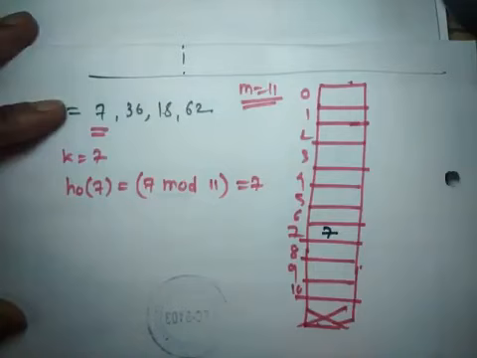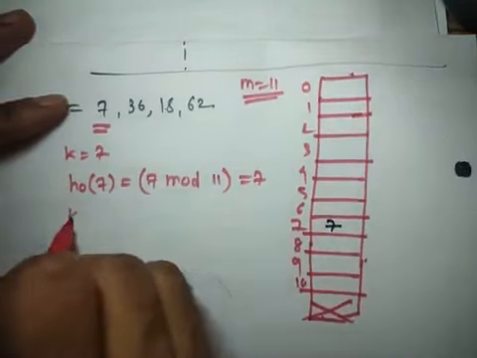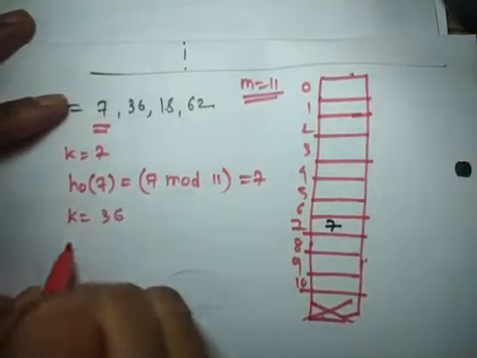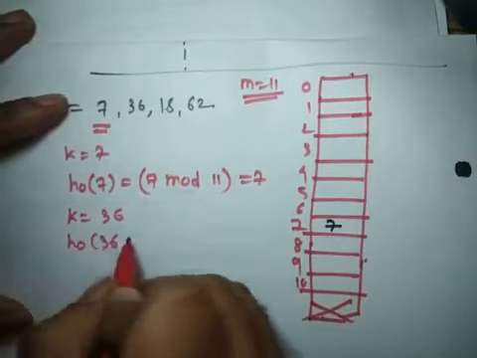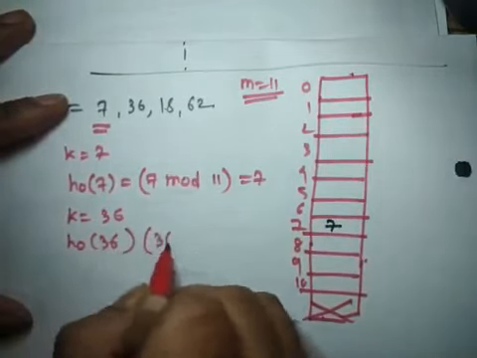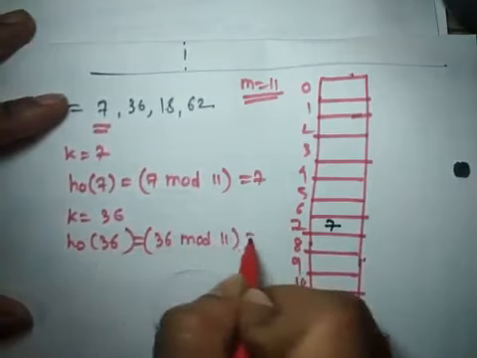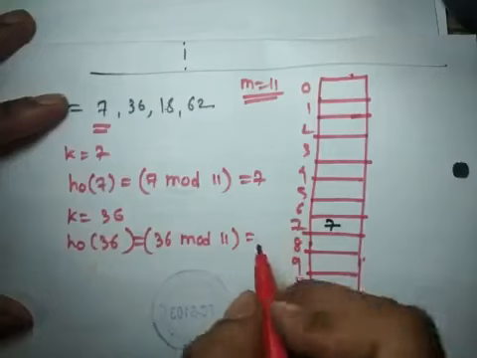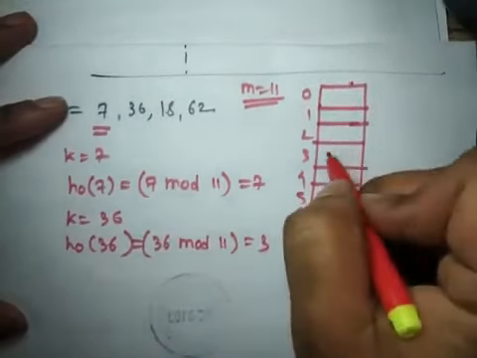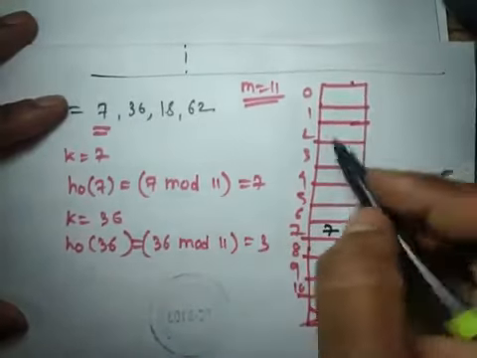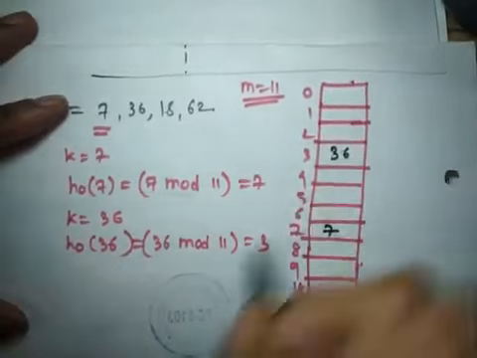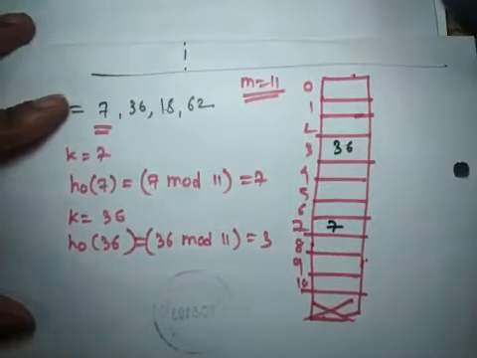Now let's take another key value, that is key equal to 36. So h of 0 for 36 is equal to 36 mod 11, that is equal to 3. So index location 3 is empty, so we are going to put 36 here.